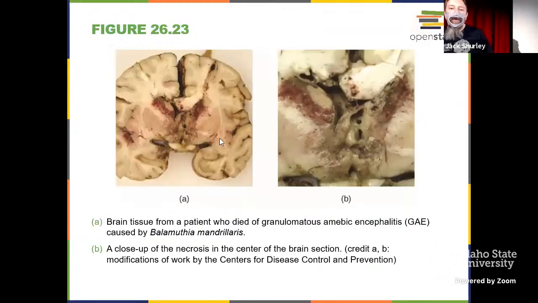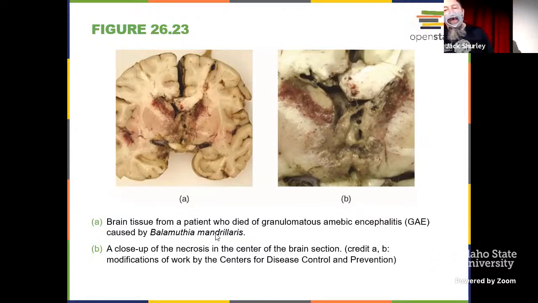So really crazy. This isn't the same, but it's pretty close. This is brain tissue from, instead of the primary amoebic, a granulomatous amoebic encephalitis. Different pathogen.